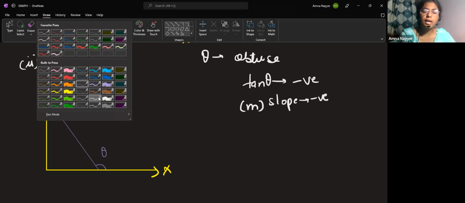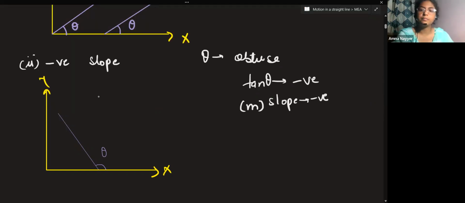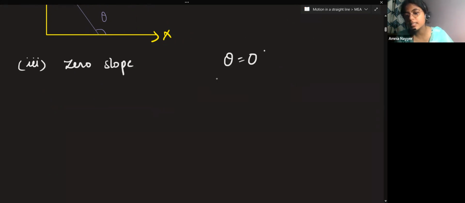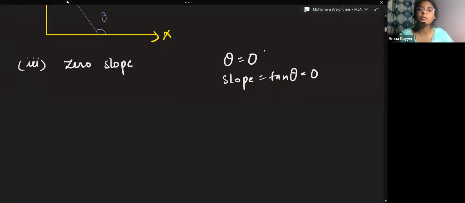And lastly, what I mentioned, zero slope. Zero slope is the best. It's the easiest. Zero means nothing. Zero slope means your theta is 0 degrees. It means your slope, which is equal to tan theta, will be 0. How to show it?